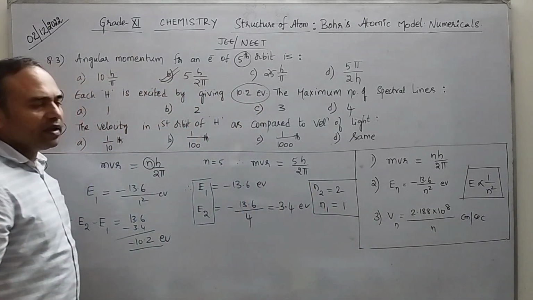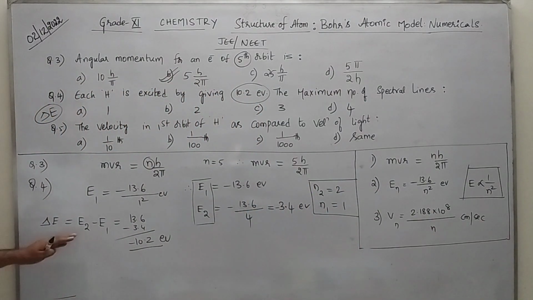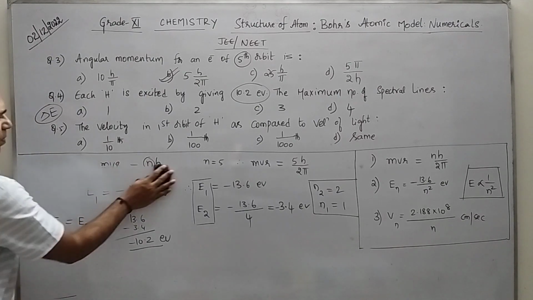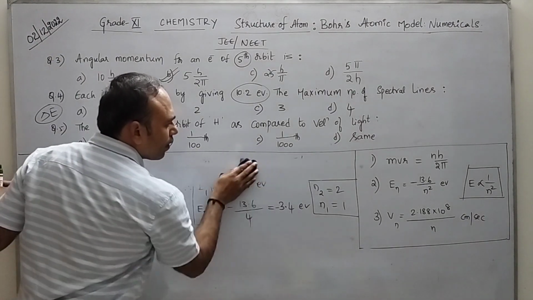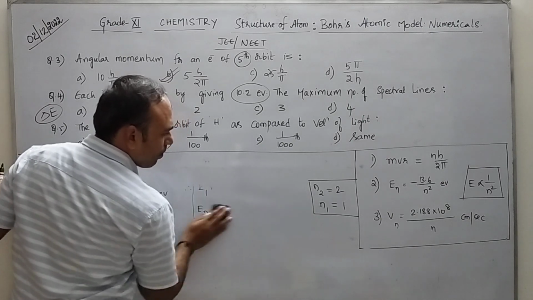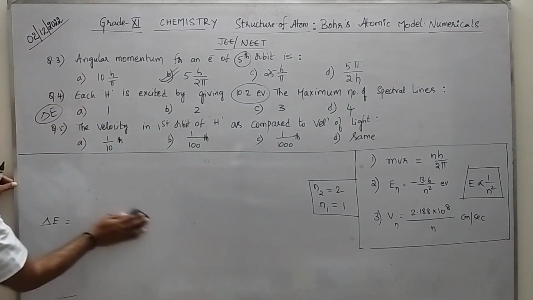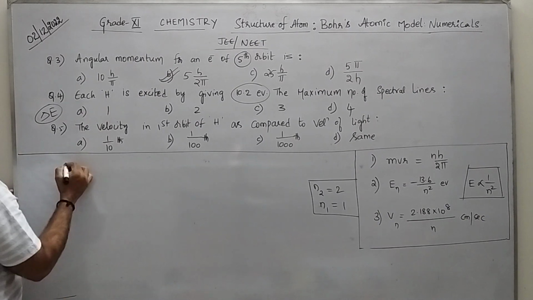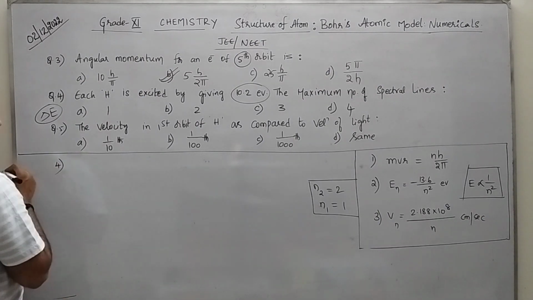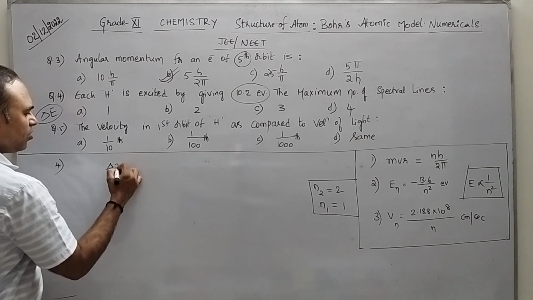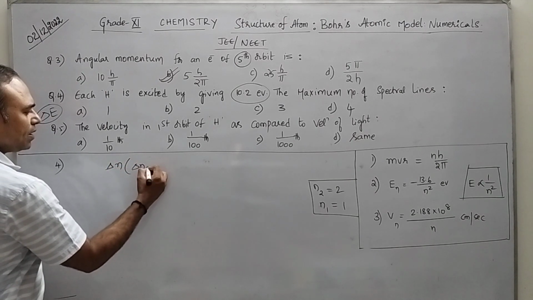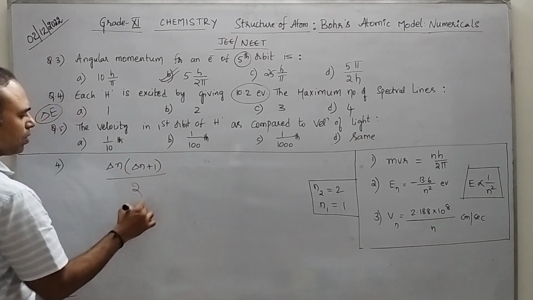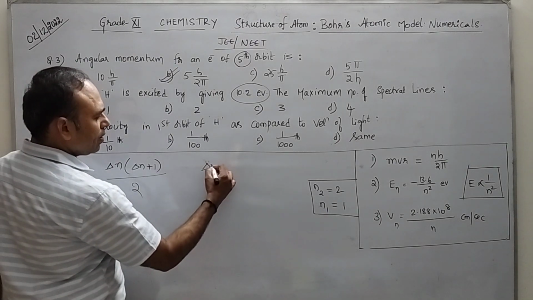Applying this, you have to find the number of spectral lines. I think you have understood this. Let me erase and write down the number of spectral lines. N2 is 2 and N1 is 1, from the first part we got. Now the number of spectral lines is delta n into delta n plus 1 by 2. What is delta n?